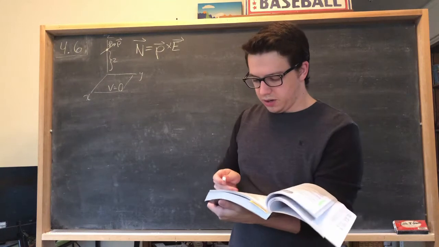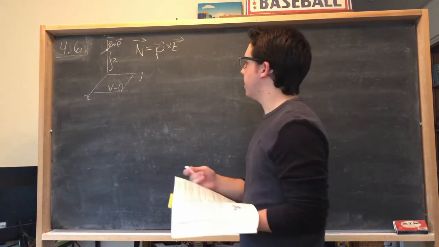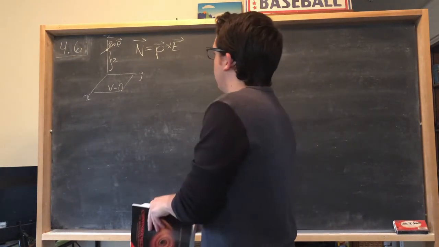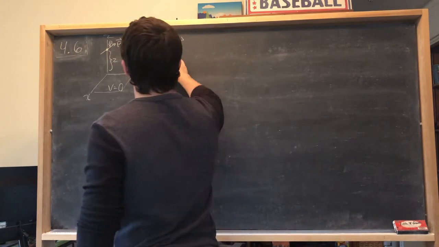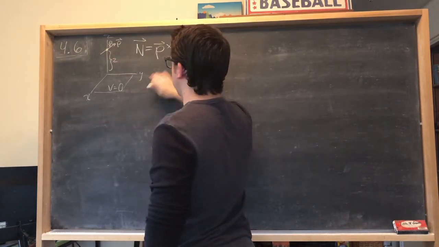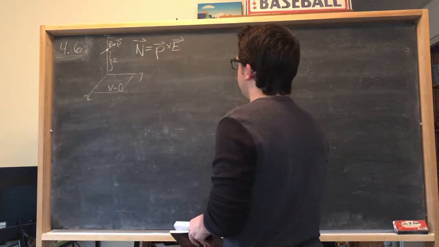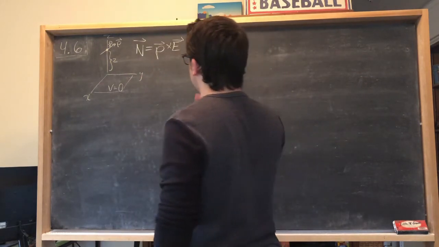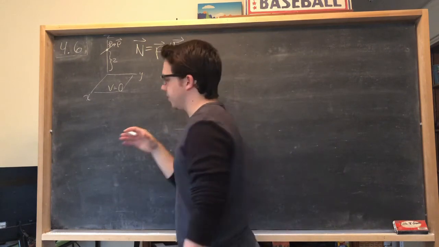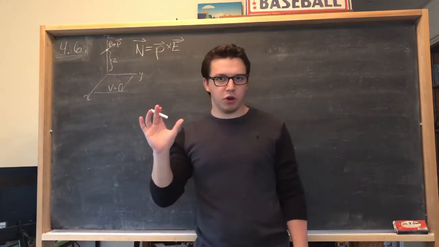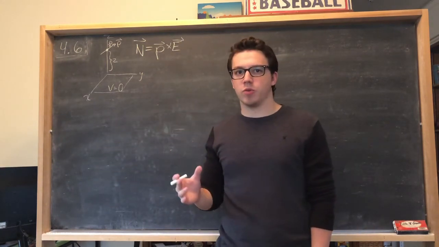Now, clearly, we already have the dipole moment, which is just given. What we need to calculate is the electric field of this configuration so that we can use this equation. If you're wondering how to find the electric field, your mind should go back to the previous chapter, chapter 3.